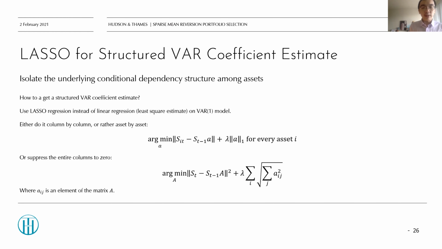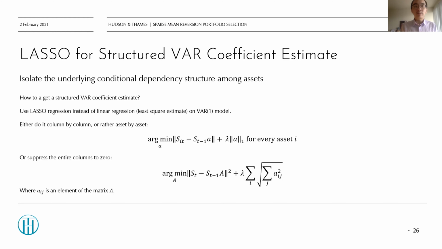So we're using the asset price matrix at the previous time point as one of the regressors, and we're going to do a univariate regression on this, and we perform this asset by asset, and in the end we'll combine all the columns of this A together to get our sparse estimate.